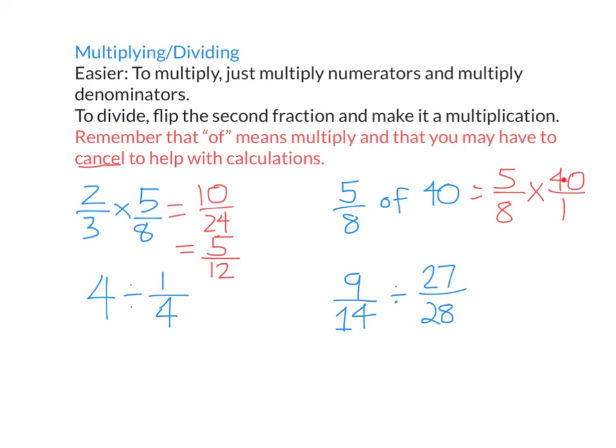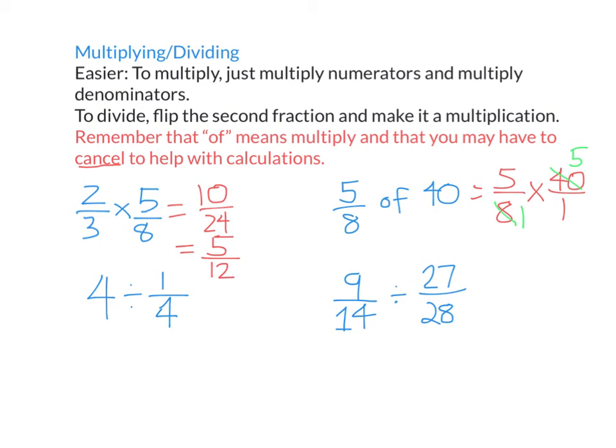I can't cancel 5 and 40 because these two numbers are both on top. I have to cancel something on the bottom with something on the top. So 8 and 40 have a common factor I can cancel. So I can divide 8 by 8 to get 1, and I can divide 40 by 8 to get 5. So it's okay to divide the bottom by 8 as long as I do the same to something on top.